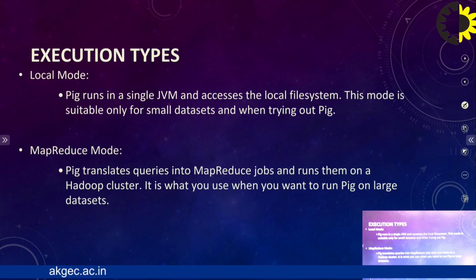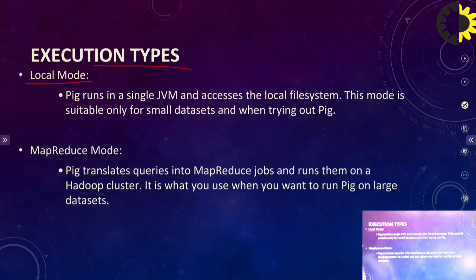Next, execution types. First is local mode. Here PIG runs in a single Java virtual machine and accesses the local file system. This mode is suitable only for small data sets when trying out PIG. The next is MapReduce mode.